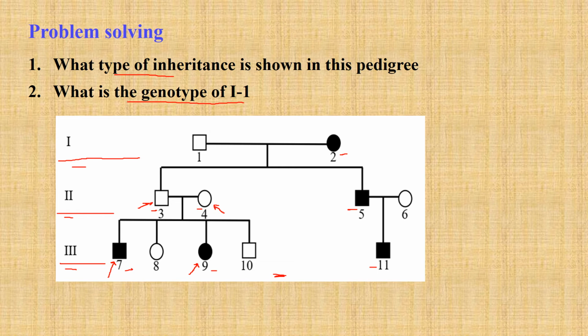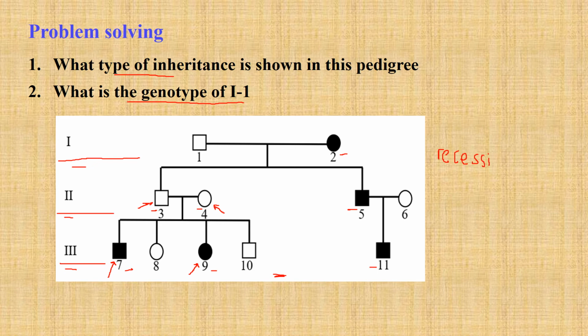Like I was saying in the previous slide, we see that they are carriers, but in this question they have decided not to shade them, to make the question more complicated, so that you can reason out what the trait is based on the offspring that they produce. So firstly, that disease trait is a recessive trait. It is recessive.